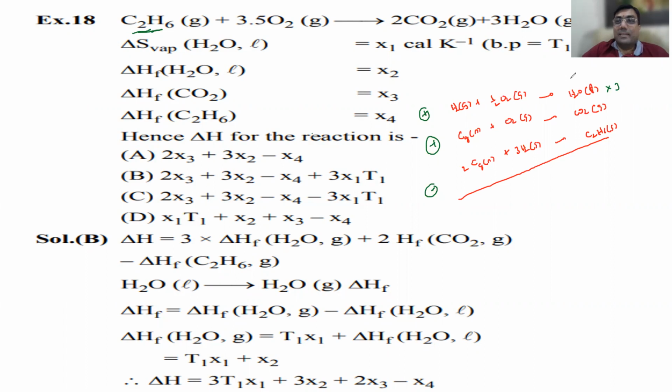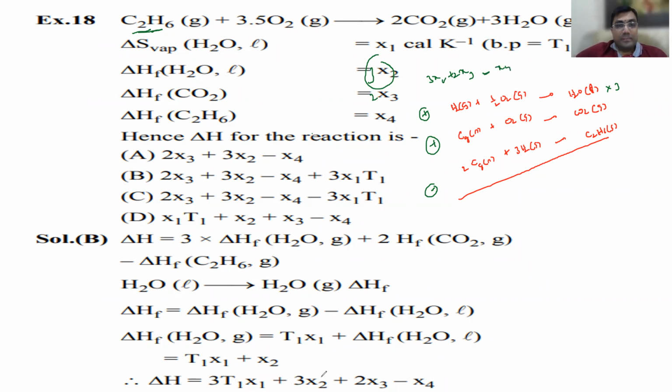Now see, listen, plus 3 times this one. This reaction, how much is given? x2. Is it okay? Now this is also plus CO2. CO2 is plus, so plus 2x3, since carbon dioxide 2 is there. And minus x4.